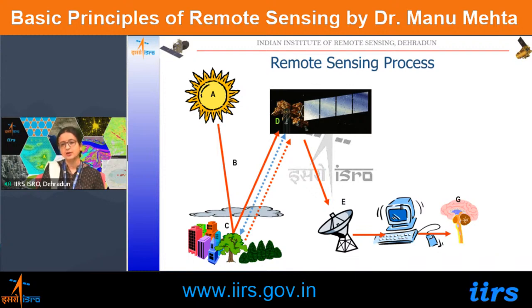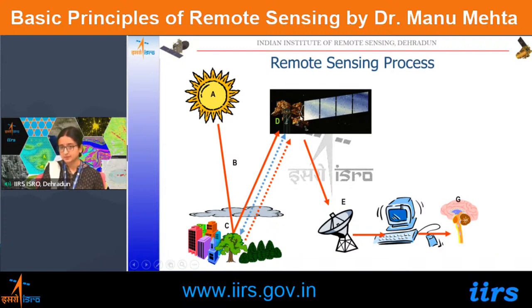Why? Because we are all absorbing some form of energy, and according to the law of conservation of energy, nothing can be a perfect source or a perfect sink. So depending on the temperature of the object, a certain amount of energy will be emitted by the body. These emissions from the targets are captured by the sensor.